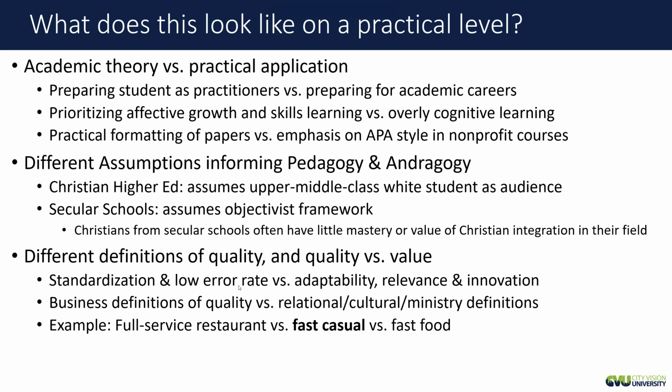And then different definitions of quality, and quality versus value. So, are you focusing on standardization and low error rate versus adaptability, relevance, and innovation? So why is that relevant? Most of our students are in environments that require them to be highly adaptable, highly relevant, and highly innovative.